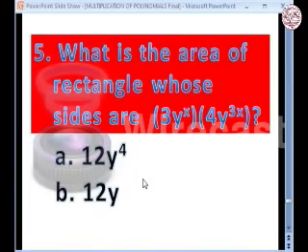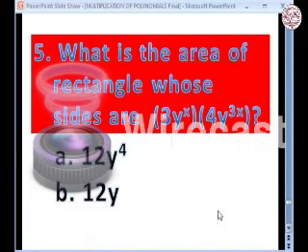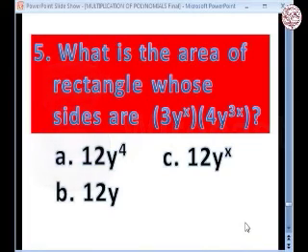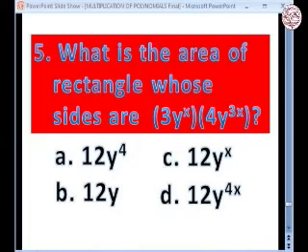B. 12y. C. 12y raised to x. Letter D. 12y raised to 4x. I'll give you 10 seconds again to answer this last question.